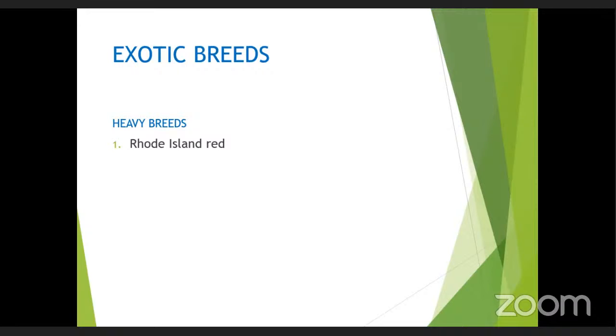Although his spelling here is not right, it has the letter P, Orpington. Orpington is one of those heavy breeds. Then the other one is the Rhode Island Red. Rhode Island Red is one of those exotic breeds of chicken.